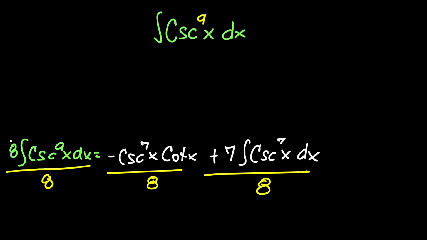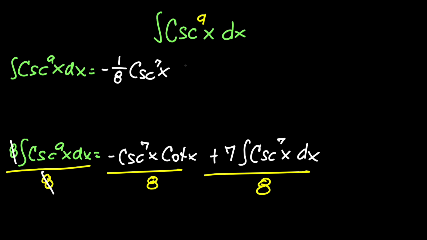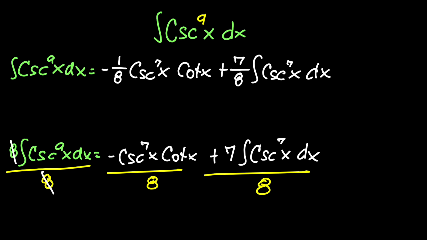And for this one, the 8 would be cancelled out and you are left with our original problem. This should be equal to negative 1 over 8 multiplied by cosecant to the power 7 of x, cotangent of x, plus 7 over 8 integral of cosecant to the power 7 of x of dx.